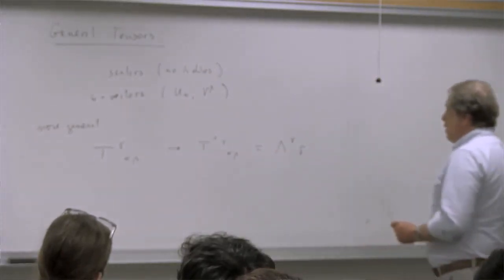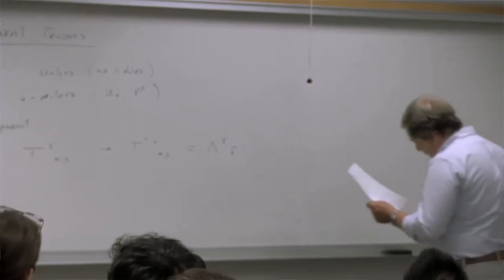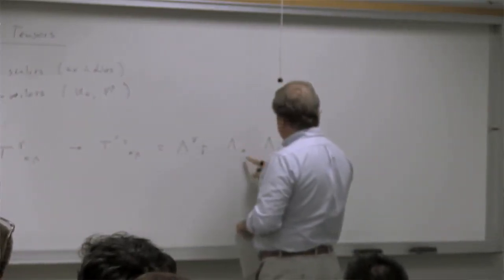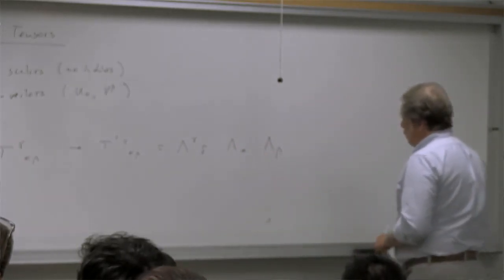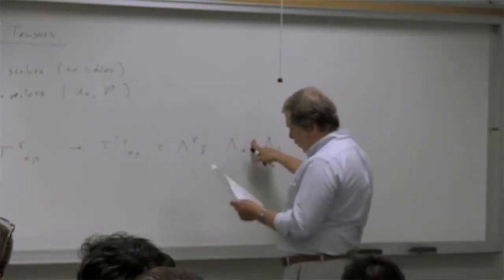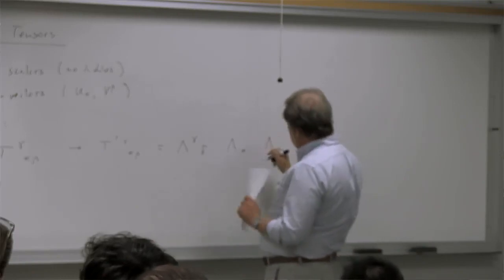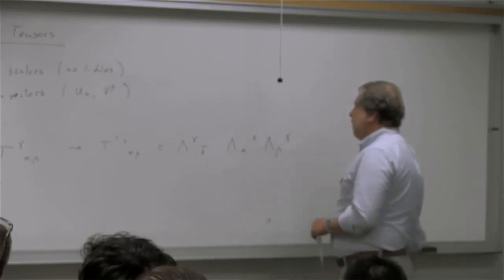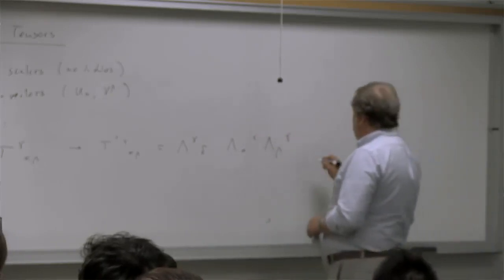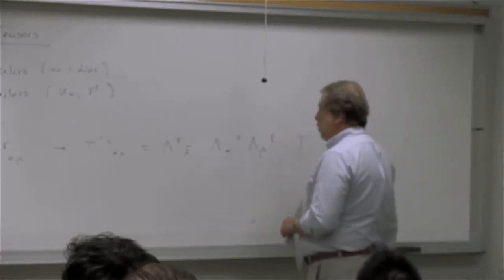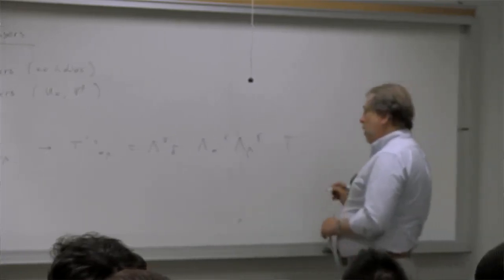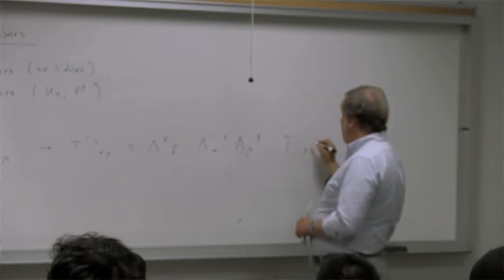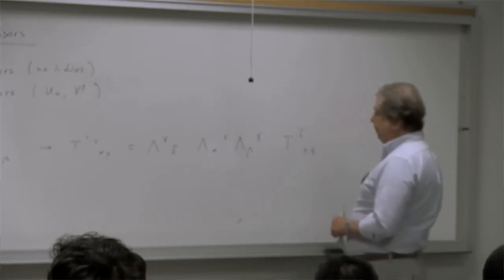For the first index, and then lambda alpha and lambda beta for the second two indices, with some other dummy index, which we're going to call epsilon and psi here, and times the original tensor, which has an epsilon and a psi here, and it has a delta up there.